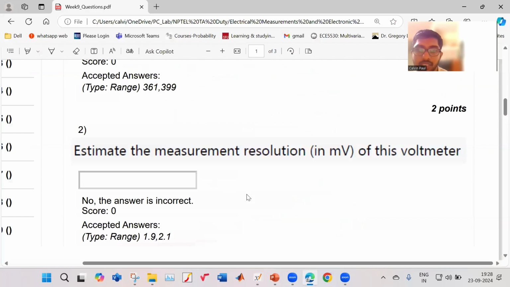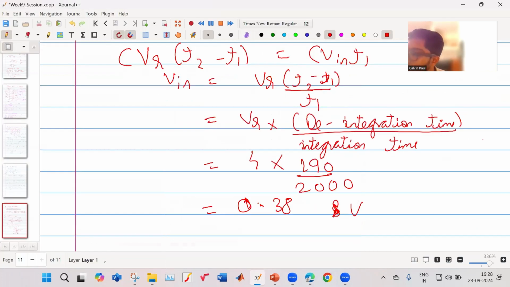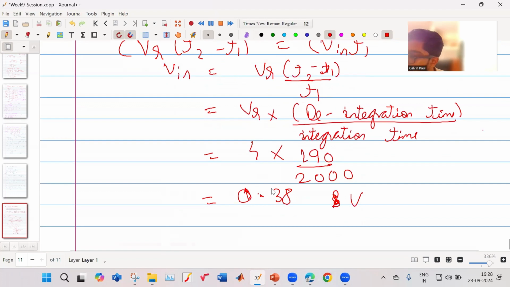Okay. They are saying to find the measurement resolution in millivolt of this voltmeter. So what is resolution? It is the smallest unit which it can measure.